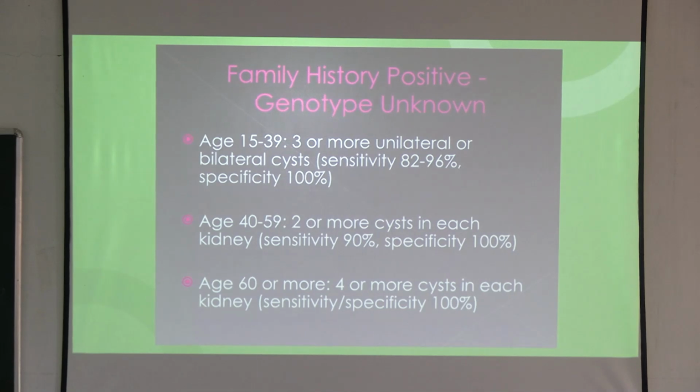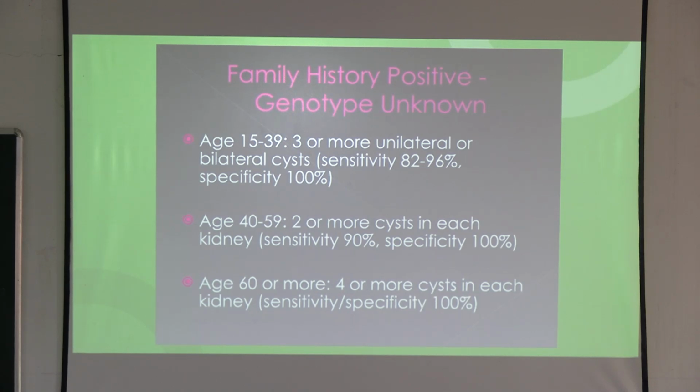Okay, I told you earlier, family history, number of cysts and age are the three criteria to arrive at a diagnosis of autosomal dominant polycystic kidney disease. So there are three stratifications of age groups: 15 to 39, 40 to 60 and 60 or more.